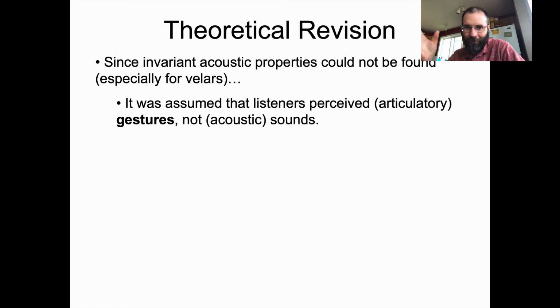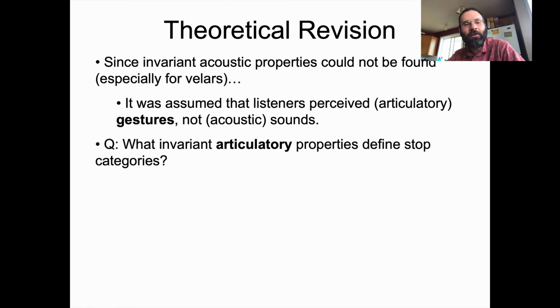I'm not discounting motor theory completely, because there's something there about how people are sensitive to gestures when they perceive speech live. But spelling out what they're responding to or picking up can be tricky, because then you also have to say, what are the invariant articulatory properties that define stop categories?